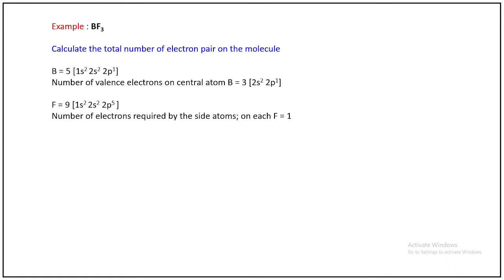So there are 3 fluorine atoms and they give a total of 3. So in BF3, the total number of electrons will be 3 from boron and 1 from each fluorine atom, giving a total of 3, that will be 6. And hence the total number of electron pairs or total bonds formed will be 6 by 2, which equals 3.